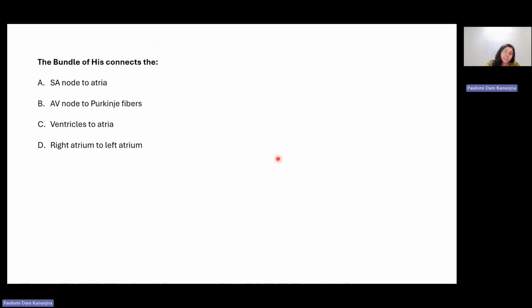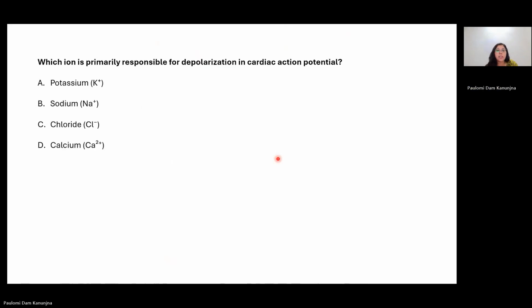Okay, the bundle of His, where is it present and what does it connect? They connect the AV node to the Purkinje fibers. They're in between these, right?